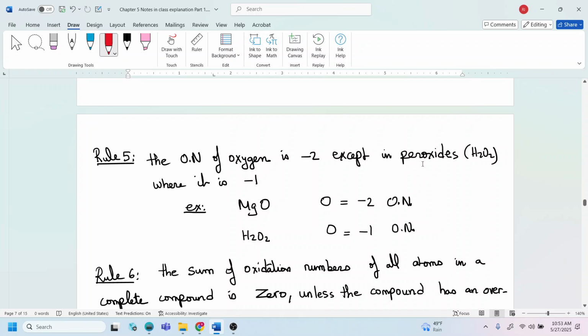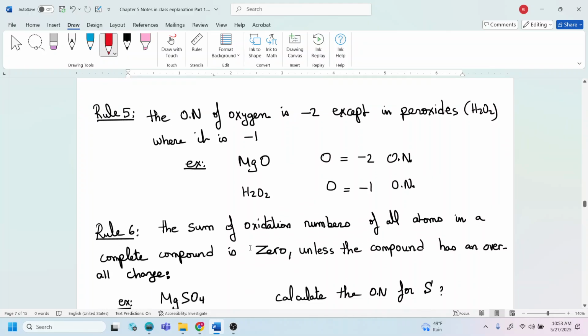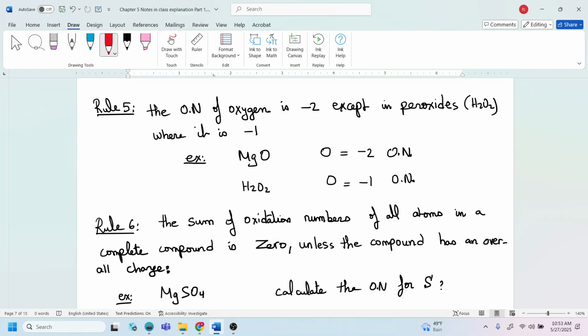Whenever oxygen is bonded with a hydrogen, we call this a peroxide, H2O2. If we have this case, H2O2, then if you put the charges, you will see easily that the oxygen is not -2. Instead, it is going to be -1. Here the hydrogen is +1, it won't change, so I have a +2 for the hydrogen.